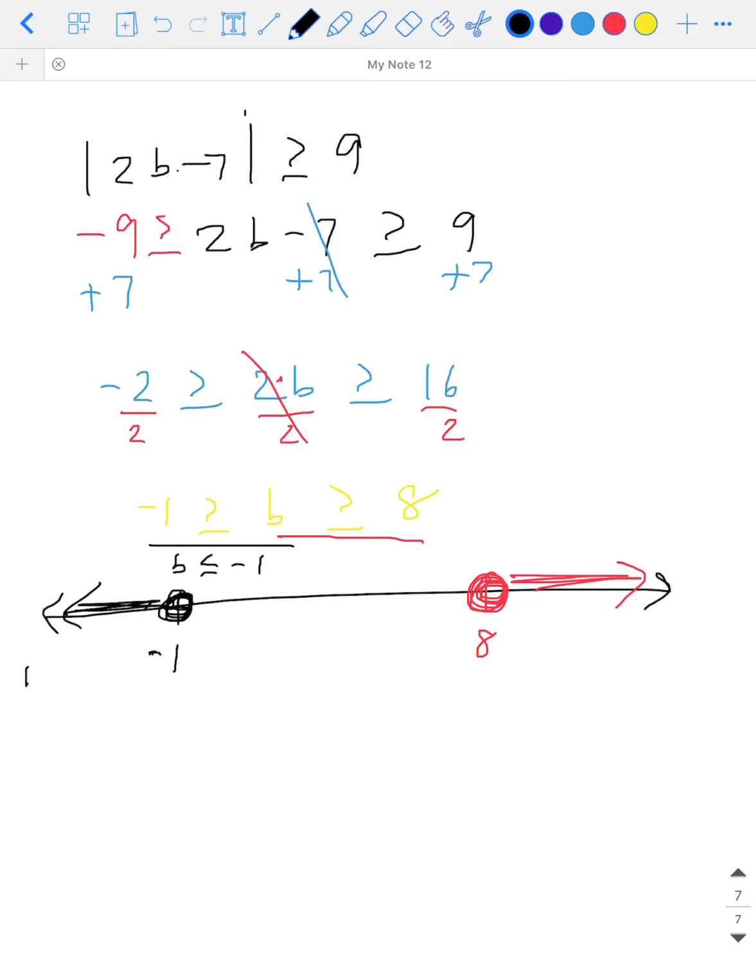Apply a test point just to make sure that your answers are correct. So test point, -2 is in the shaded region. I can put a test point of 9.